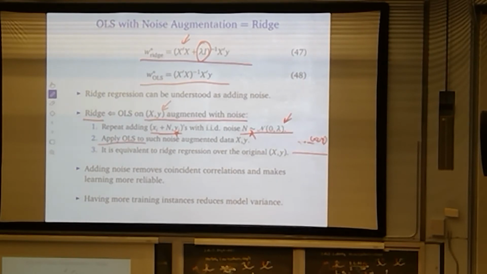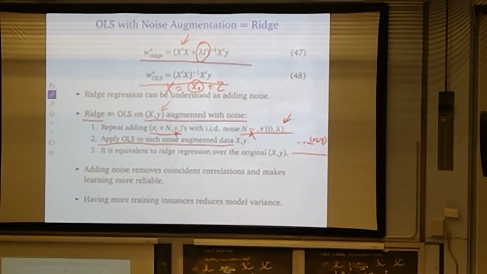Then I apply OLS to such noise-augmented data, x and y. So I have this x0 plus z, right? x0 is the original data. I add some z to it, and then I apply OLS.